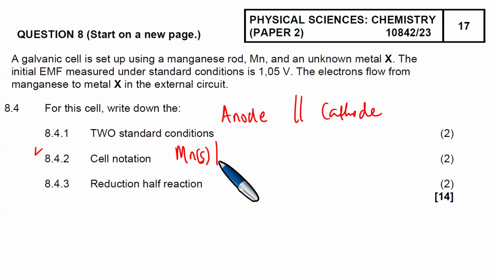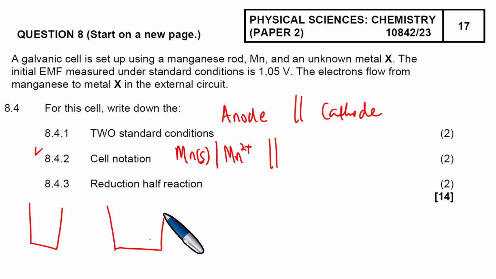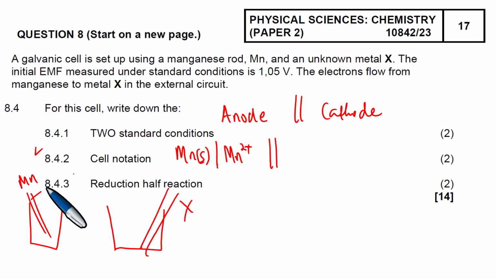And then you have the manganese 2 plus according to the table of standard reduction potentials. And then you put the salt bridge. Ordinarily, you put the manganese here and then you put the metal X here, and then you put your salt bridge overhead like this.